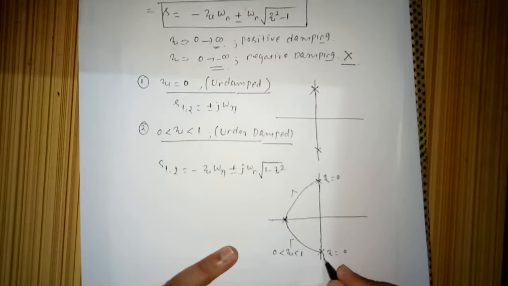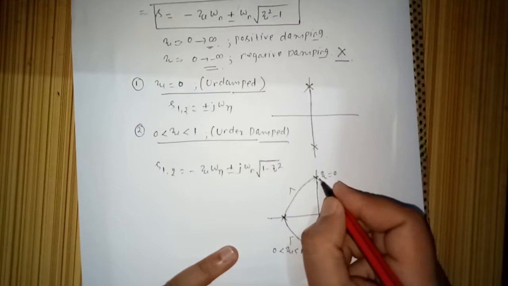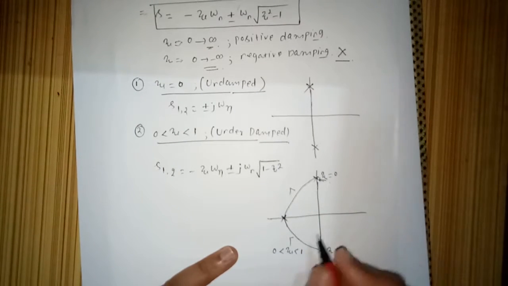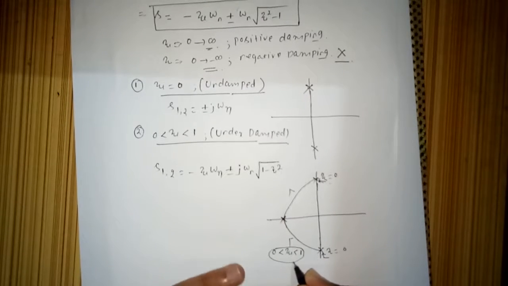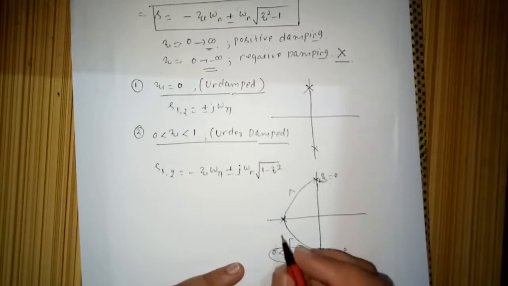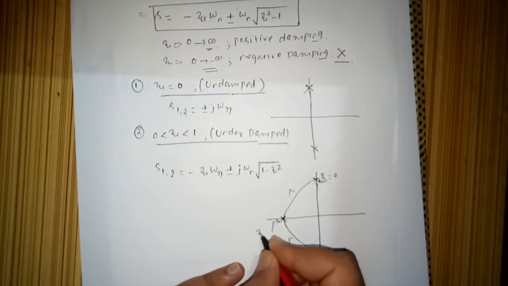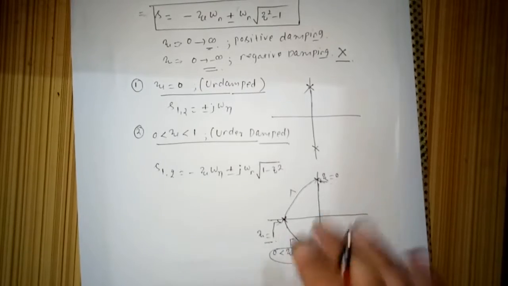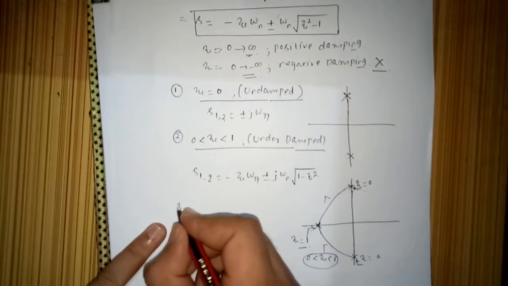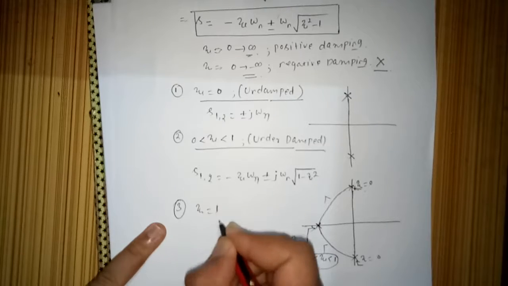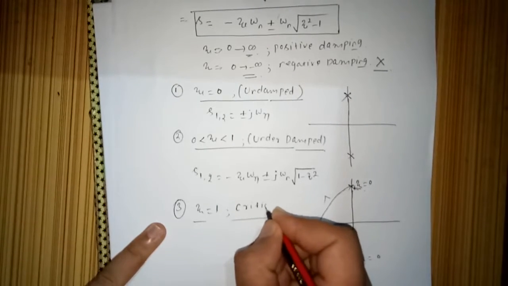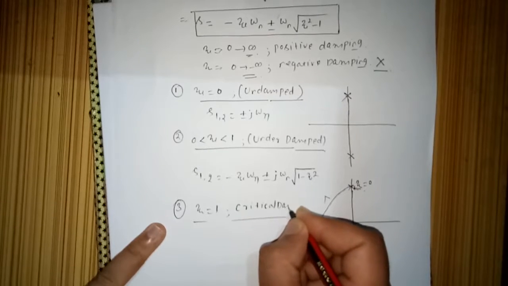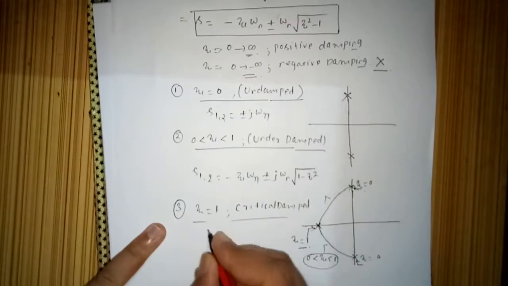At zeta equal to 0 it is undamped. For zeta between 0 and 1 it is an underdamped system. And here it is zeta equal to 1. This is called a critically damped system. Our third system, zeta equal to 1, is our critically damped system.